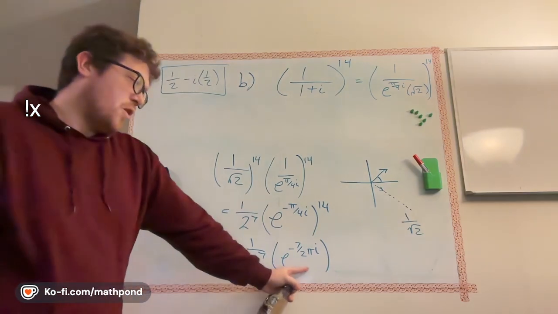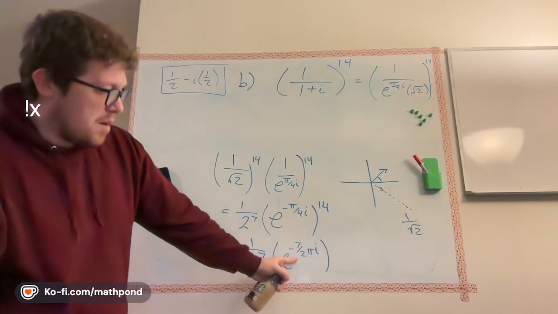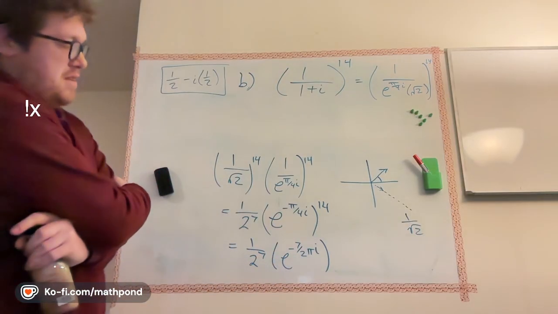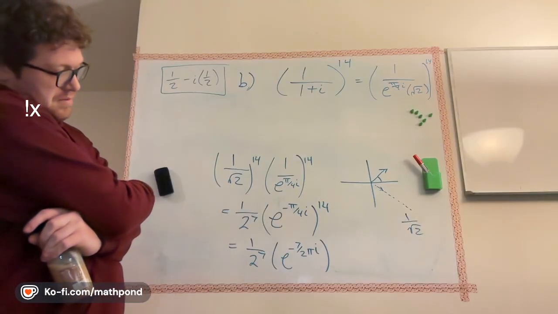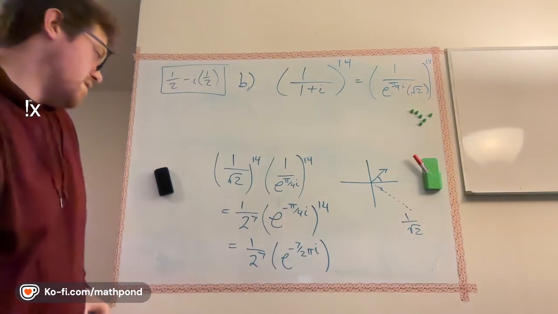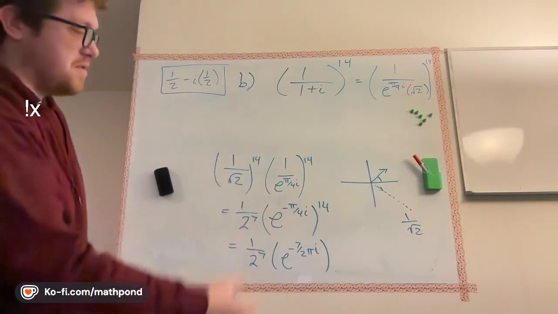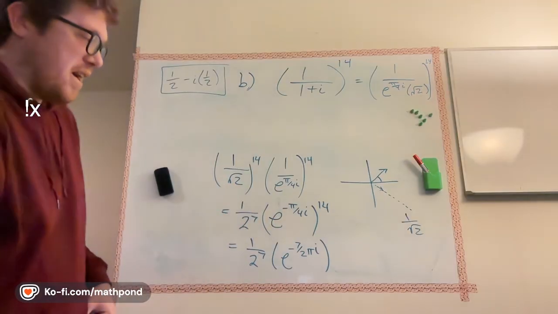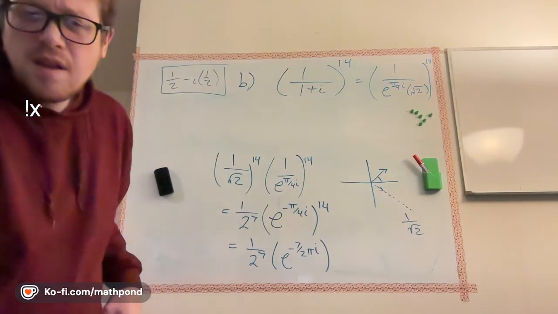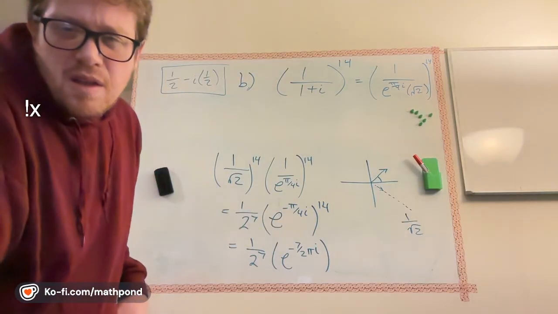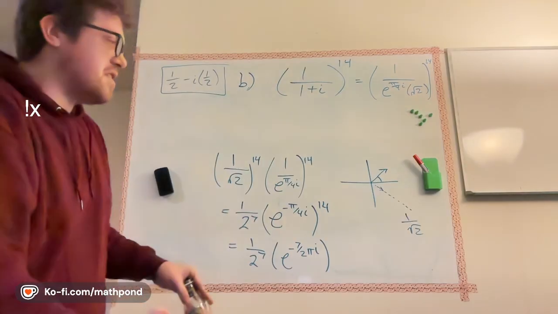So this would be the polar form. I guess if you want a positive exponent, you could change this to, oh wait, yeah, you could add a bunch of 2 pi i's, right? Wait, what about this did you not get?